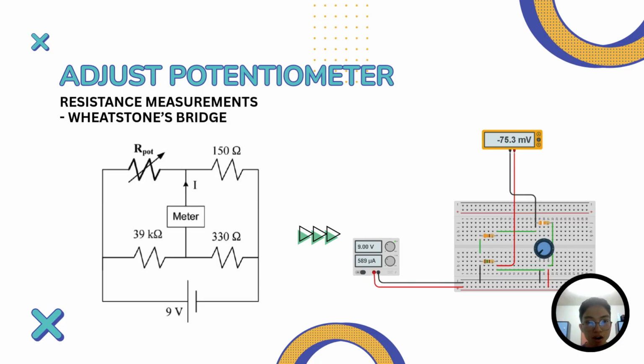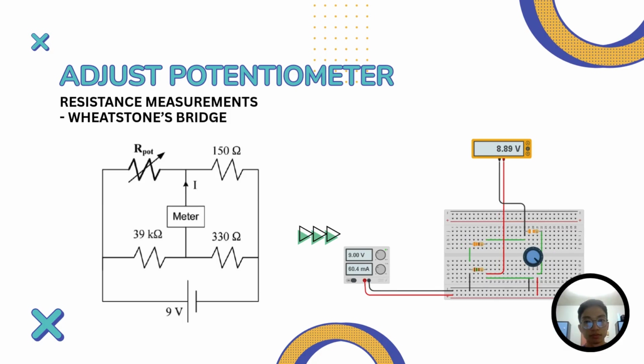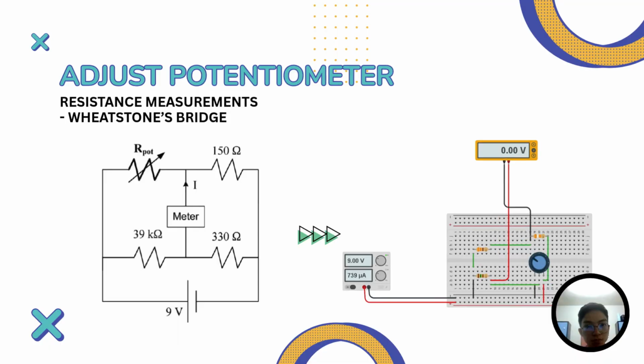The value of the voltage for the resistance of 25k ohm is negative 75.3 millivolts. Furthermore, the potentiometer resistor is adjusted to zero and we obtain the value of 8.89 volts.